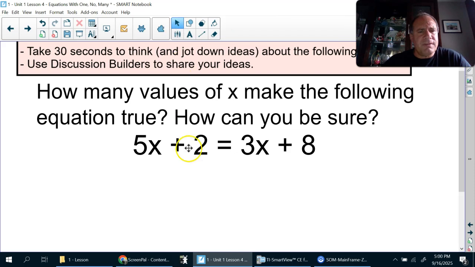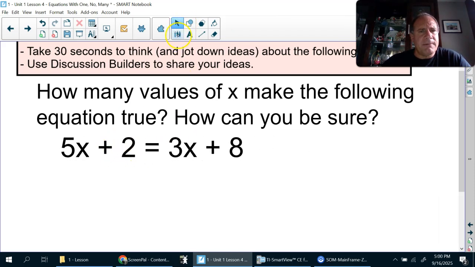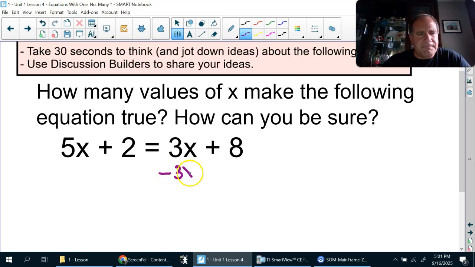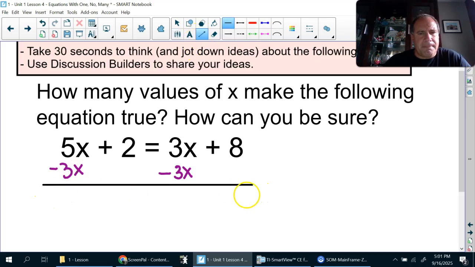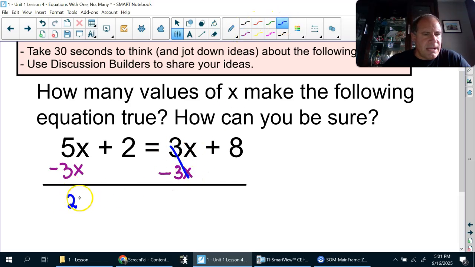So I'm going to move this over right now, and I'm going to solve it. Minus 3x, minus 3x, and we are going to cancel the 3x's, and we're going to bring 2x plus 2 down, equals 8.